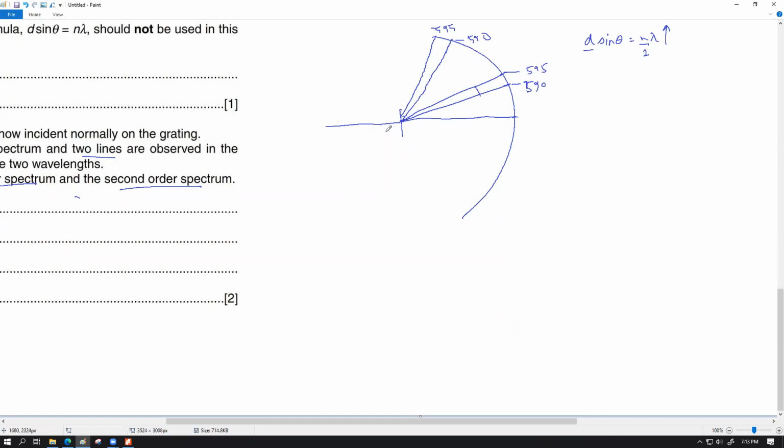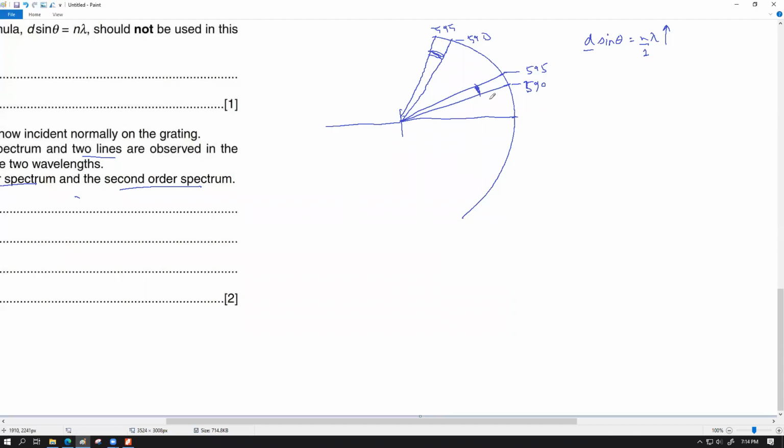The other difference is that the angle between them would be bigger. I mean, this one would be smaller compared to this one. I can tell you this from the expression that I showed you, that n and sin theta have a direct relationship.